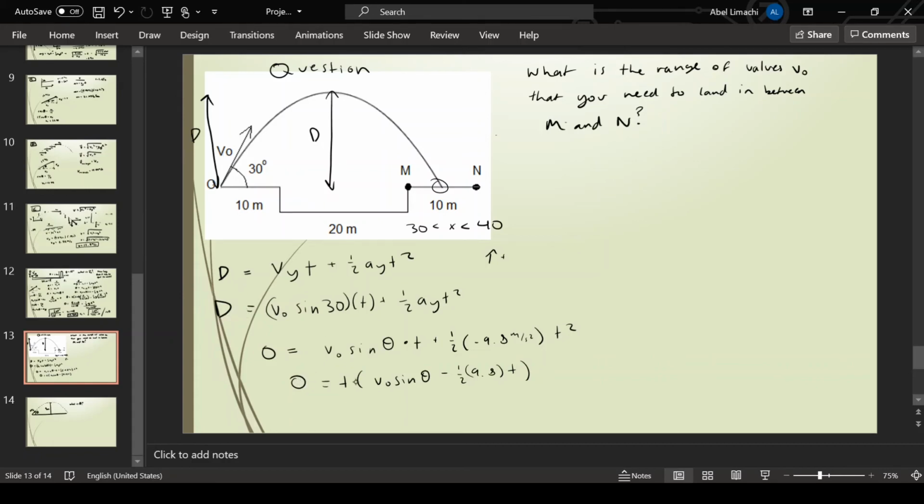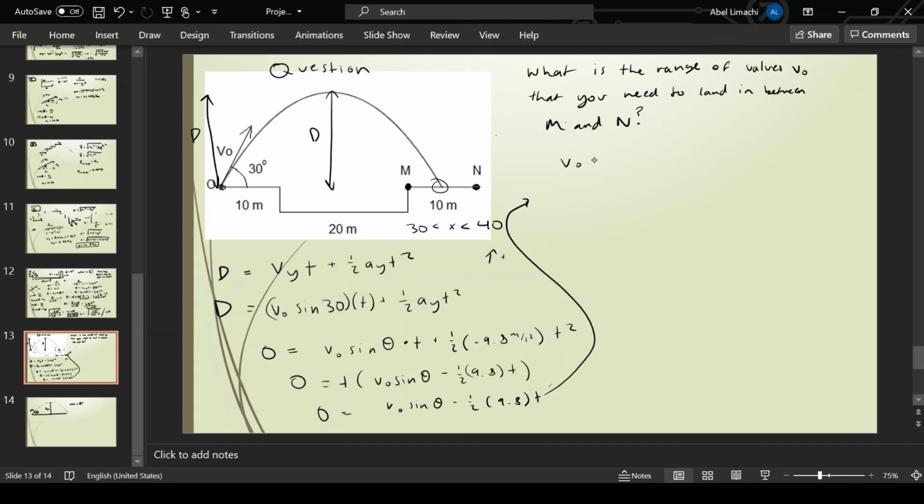If we set this T equal to 0, T is equal to 0, which is the beginning part on the graph right here. If we set this other part equal to 0, we can figure out the second time it's 0 meters above the ground, so it's on the ground. 0 equals V initial sine theta minus 1/2 9.8 T. I'll bring this up here.